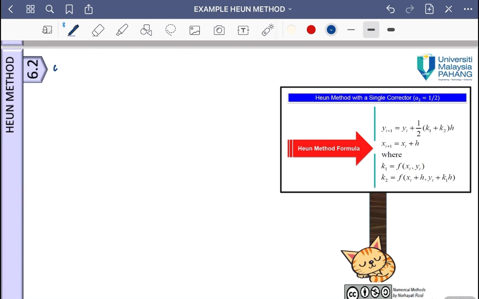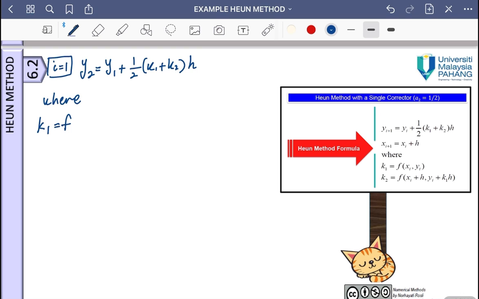Next we continue for i equal to 1. Now we want to obtain the value of y2. Using the HEUN method, it comes from y1 plus the average of the two slopes K1 plus K2 times the step size. The first slope comes from f at the point x1 and y1.